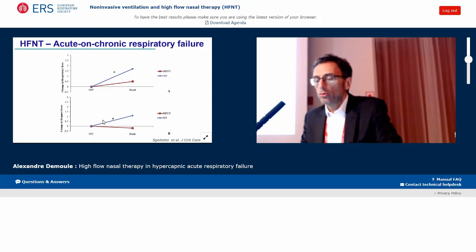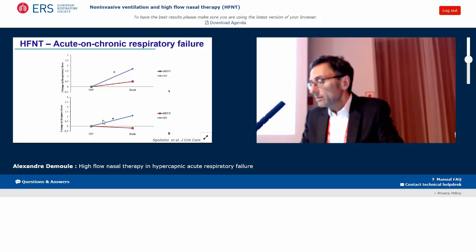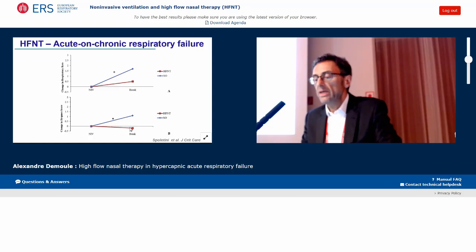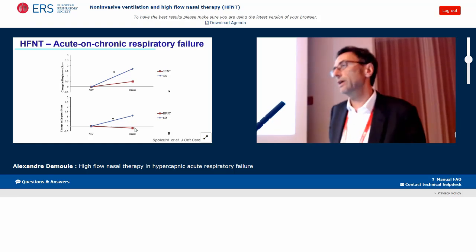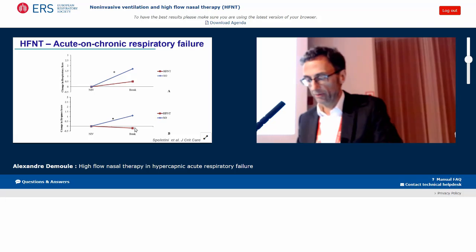And in terms of dyspnea, we can see here that while dyspnea increased in the standard oxygen group, it did not in the high flow nasal therapy group, suggesting that respiratory comfort was better with high flow nasal therapy.